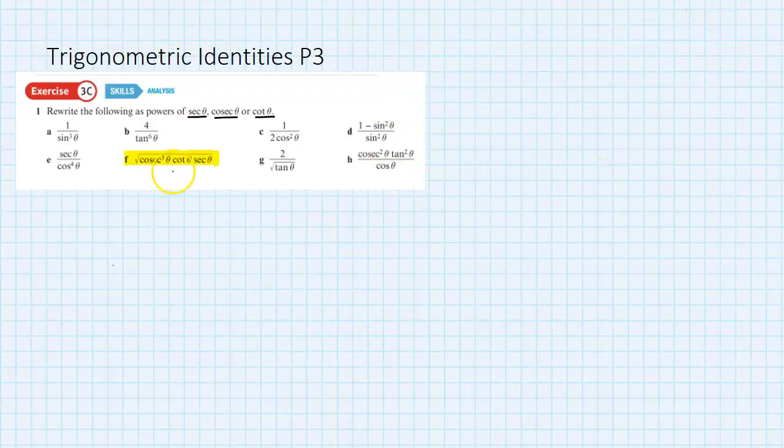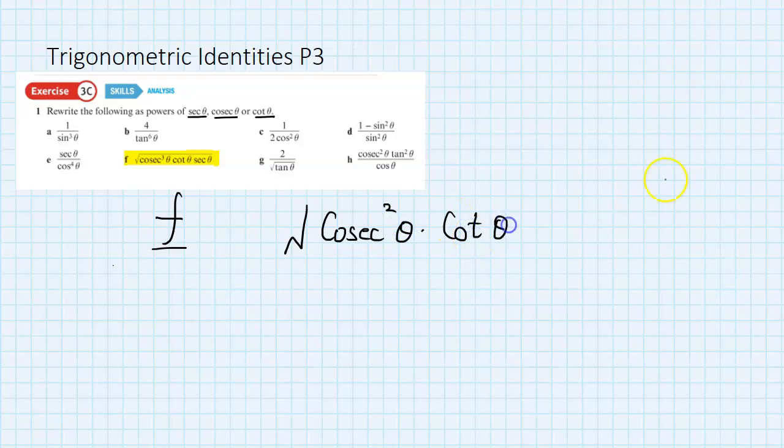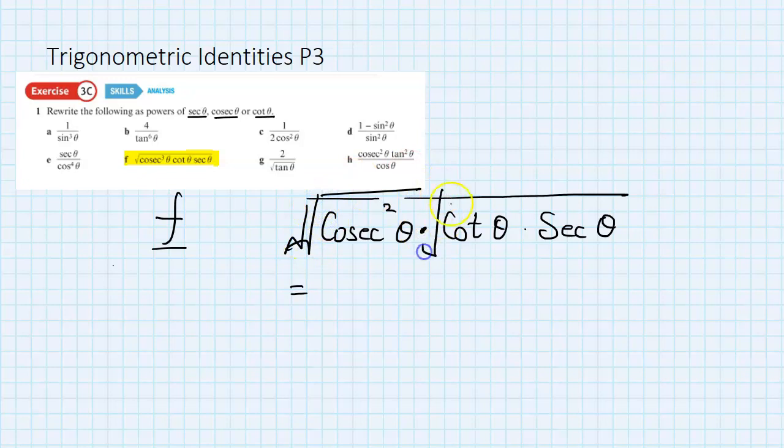Now let me do part F. That is the square root of cosec square theta, cot theta and sec theta. Now it is cosec square theta, so I can break it into this multiplied by this.